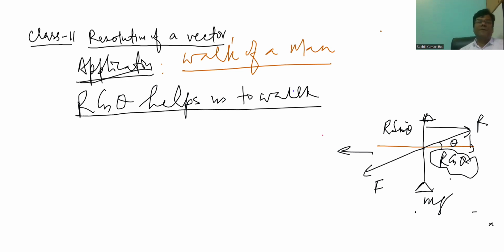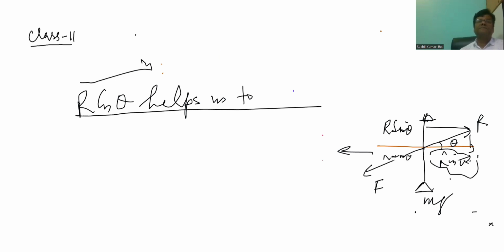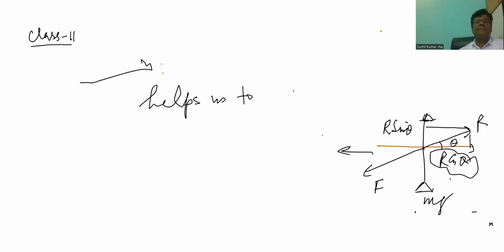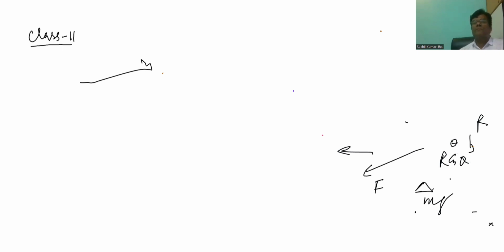नाउ एक और न्यूमेरिकल देखते हैं, and numerical is like this, based on resolving a vector only, which means okay.